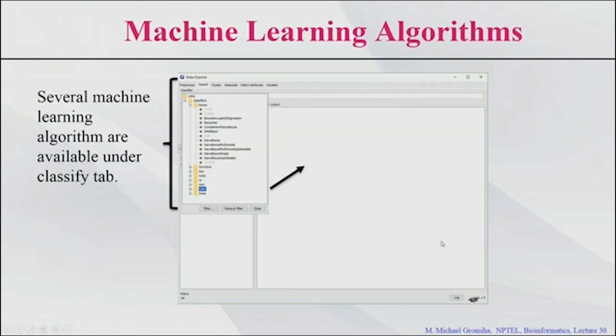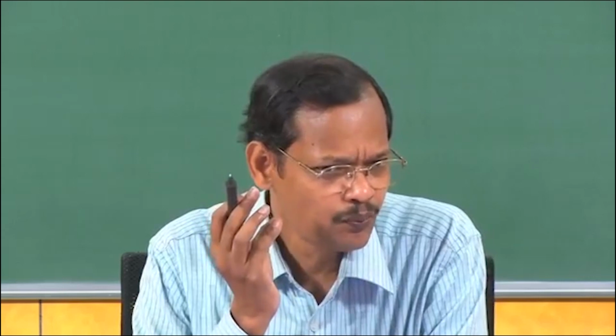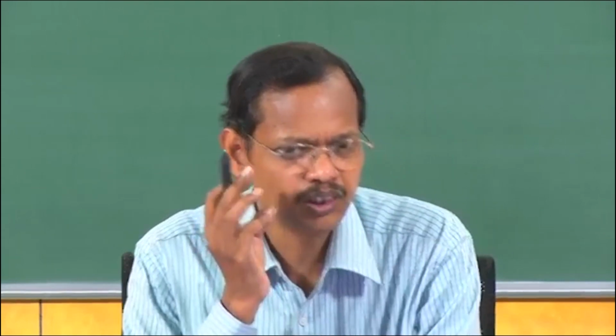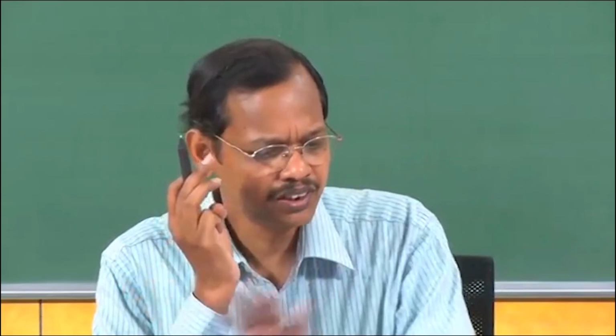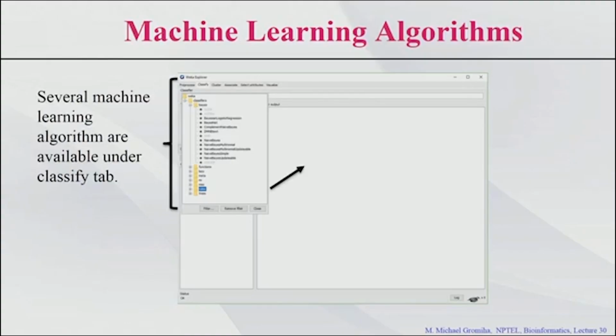Now, the next question is, you have to choose the algorithm. We set the problem, we collected the features, we gave the features, now we need to choose a method. Various methods are available in the Weka platform. Broadly they are classified as bayes, functions, meta, rules, trees and so on.